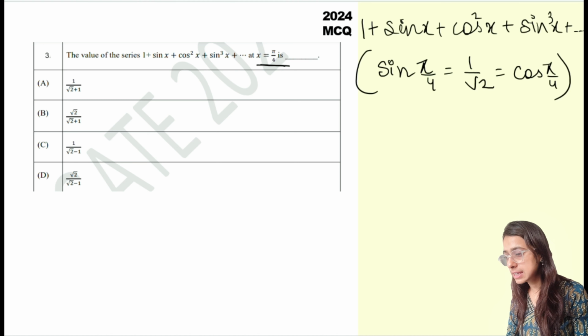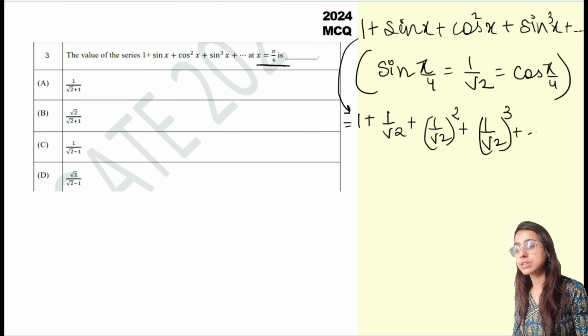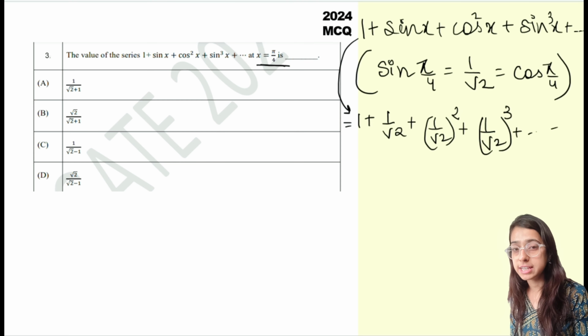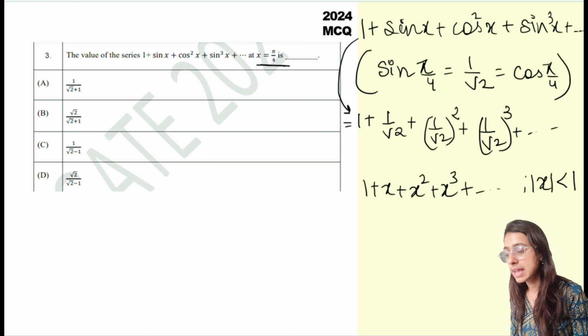So this series will become 1 plus 1 by root 2 plus cos square x, that means 1 by root 2 square, plus 1 by root 2 cube and so on. So this is now an infinite series of the form 1 plus x plus x square plus x cube and so on, where mod of x is strictly less than 1, and its summation is given by 1 upon 1 minus x.